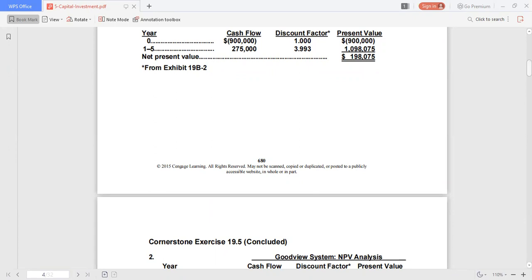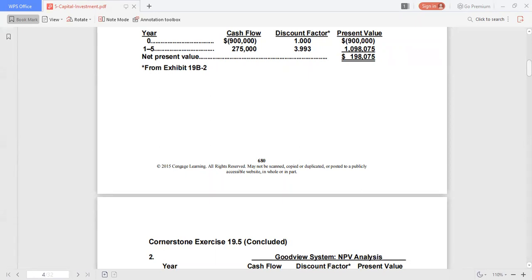You have years 1 to 5 involving a cash flow of 275,000. And for the discount factor, again 0 or now or today is 1. And from present value of an annuity of 1 for 5 years with an interest rate of 8% in arrears. So we now get the factor of 3.993.